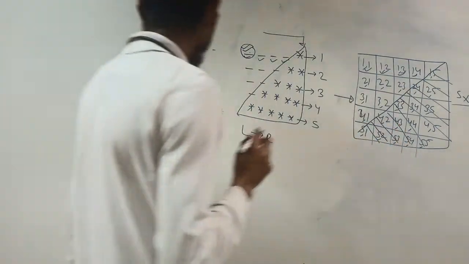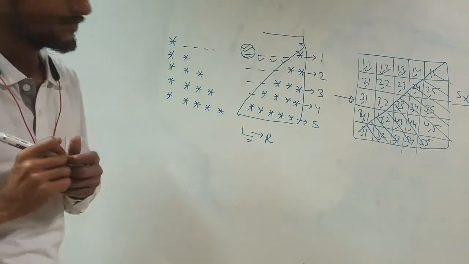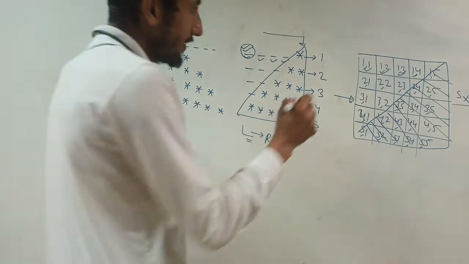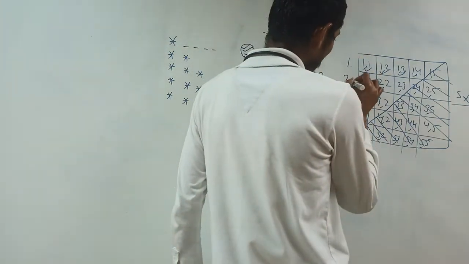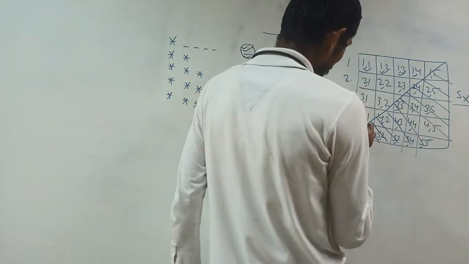So how can we do that? Let me explain. In this, that is the row and that is the column.